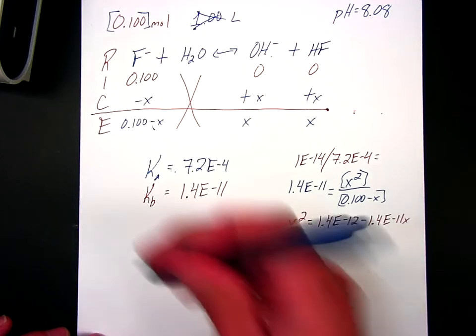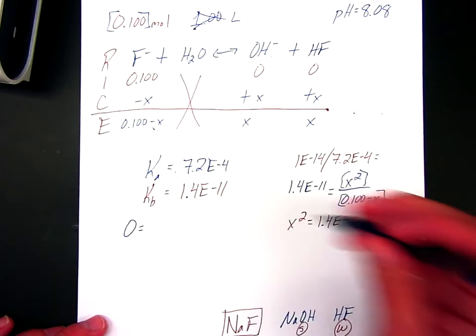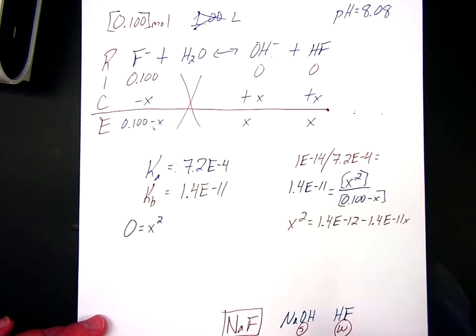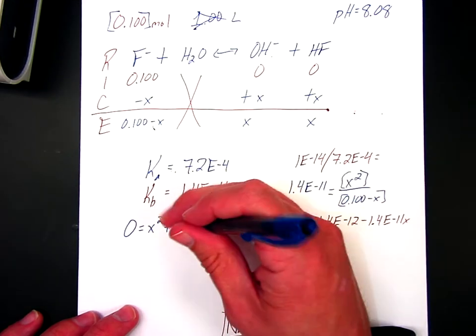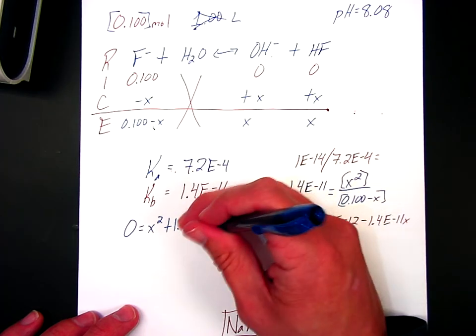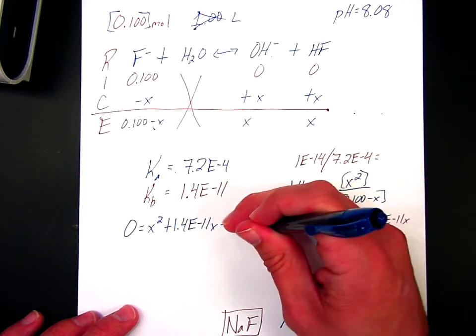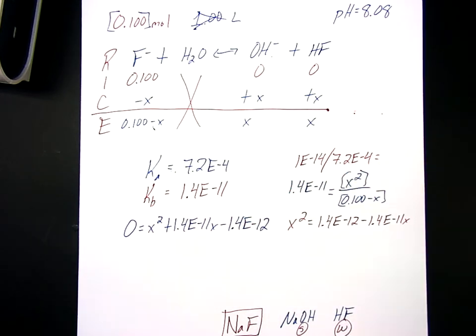I'm going to turn this into a 0 equals for my solver. So it's going to be 0 equals, I'll keep the X squared positive and swap the signs of everything else while I make it quadratic. So this is going to be 1.4 E negative 11X, I'm going to do the X expression first, minus 1.4 E negative 12.